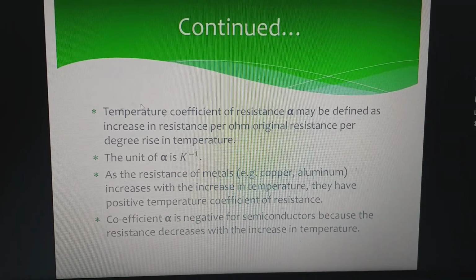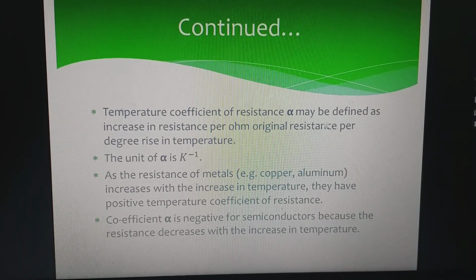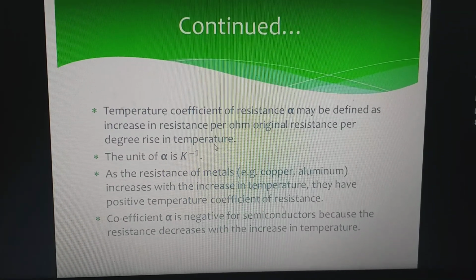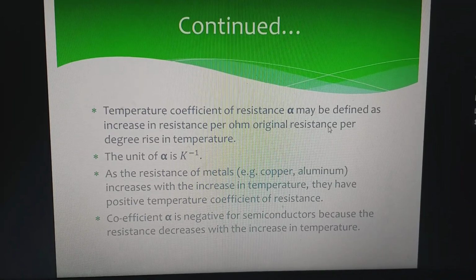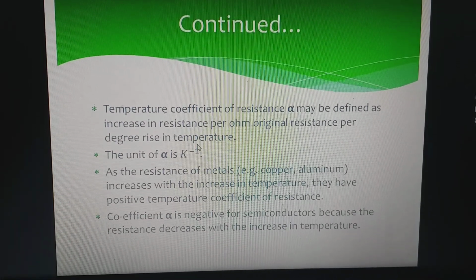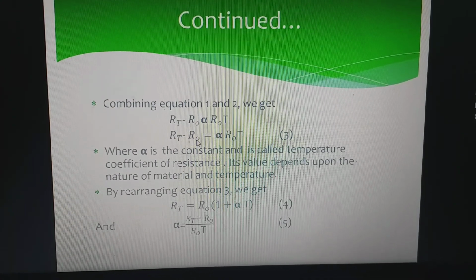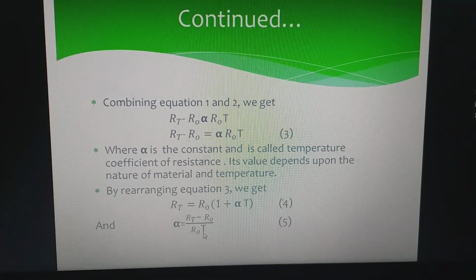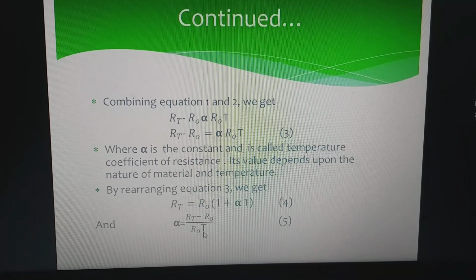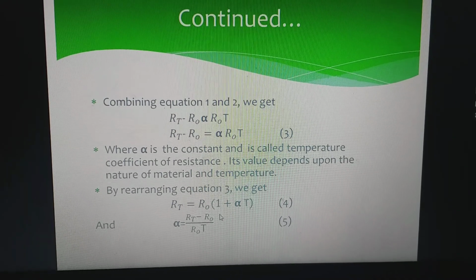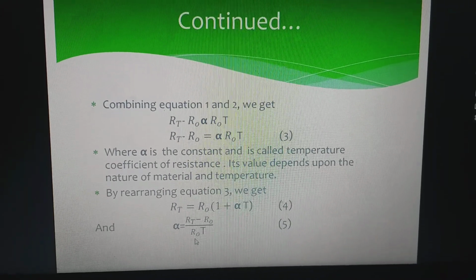Alright, temperature coefficient of resistance alpha may be defined as the increase in resistance per ohm of original resistance per degree rise in temperature. So we notice over here, that is alpha, change in resistance per degree rise in temperature. What are the units of RT minus R naught? Ohm. Unit of R naught? Ohm.